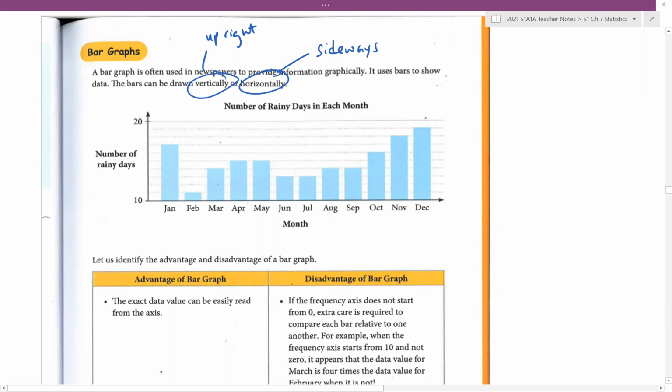Okay, next one. Yes. How many raining days are there in February? 11. You all agree? 11? You didn't see the what?